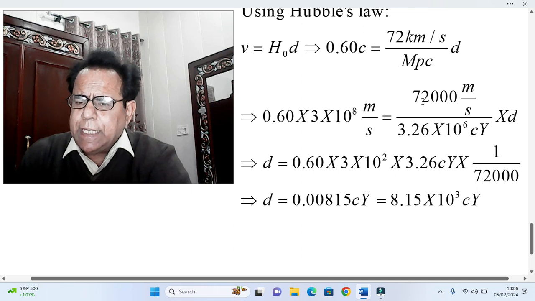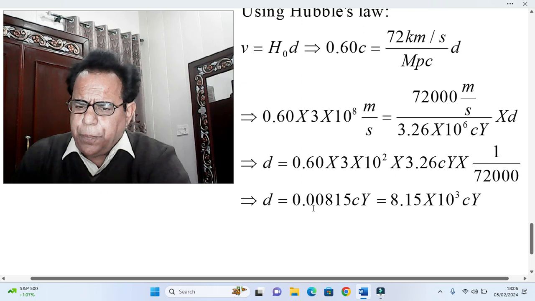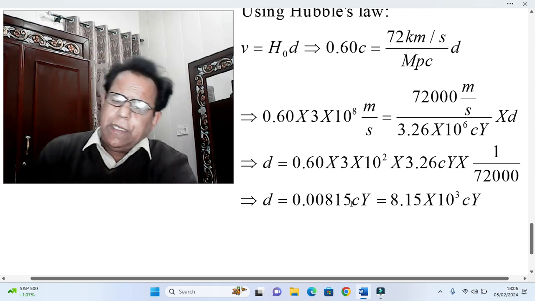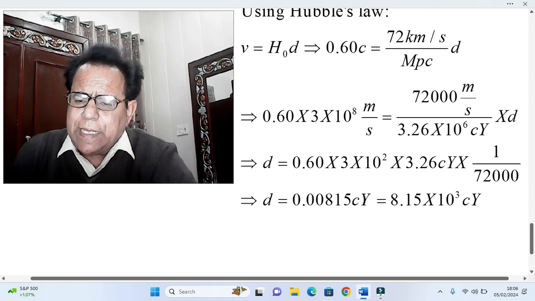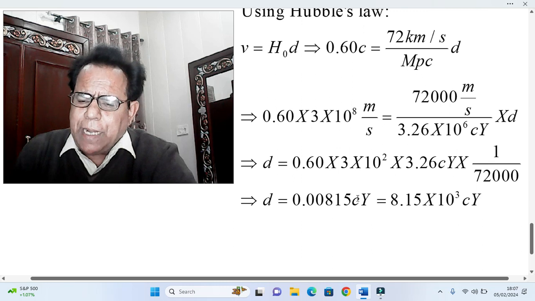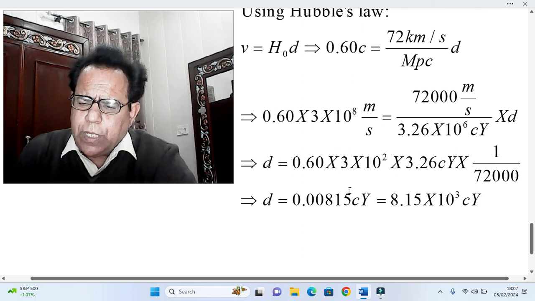So we can write 72 divided by 3260. This is just a simplification, and hence our d becomes equal to 0.00815 light year, cy. We can also write it as ly, light year. It is a matter of discretion whether we denote light year by cy or ly.